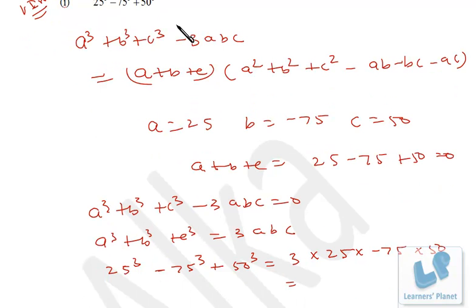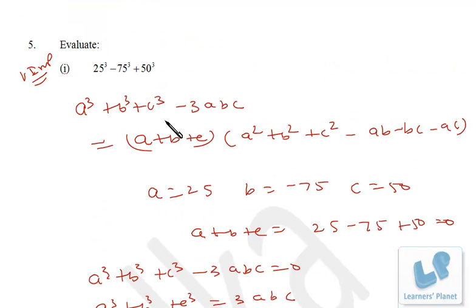Now this becomes very simple if we apply this identity. So it's 3 into 25 into 75 into 50, with a negative sign, so it's 281,250, right? So the problem can be solved in just two to three steps if you are able to recall the identity.